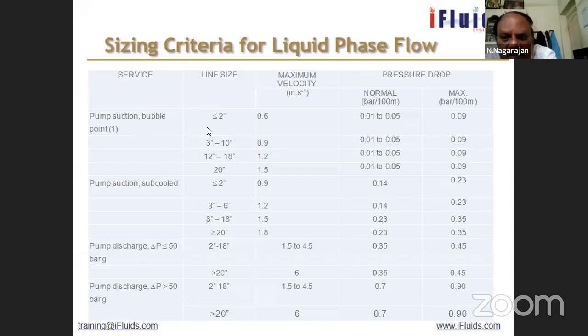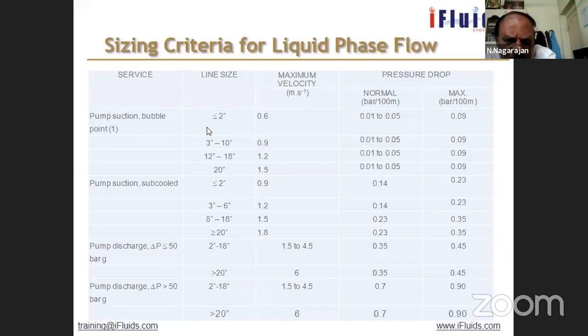Pressure drop is 0.01 to 0.05 bar per 100 meter length. So if you know the total length, you can find out the exact pressure loss. Maximum we can go up to 0.09. So these are all the guiding tables, pump suction.